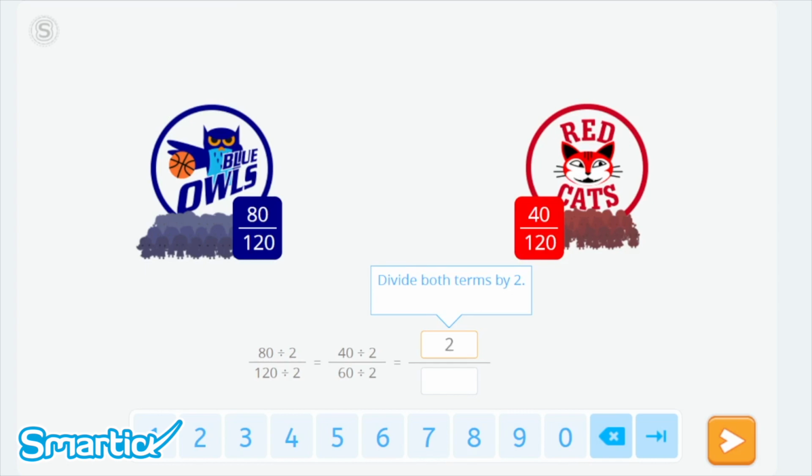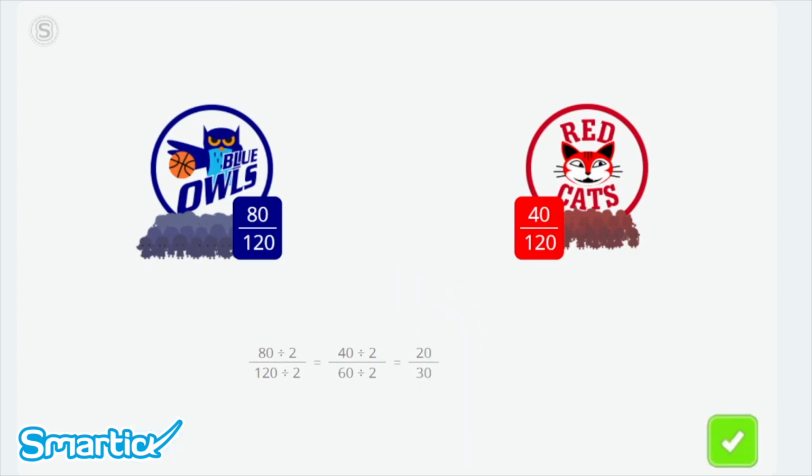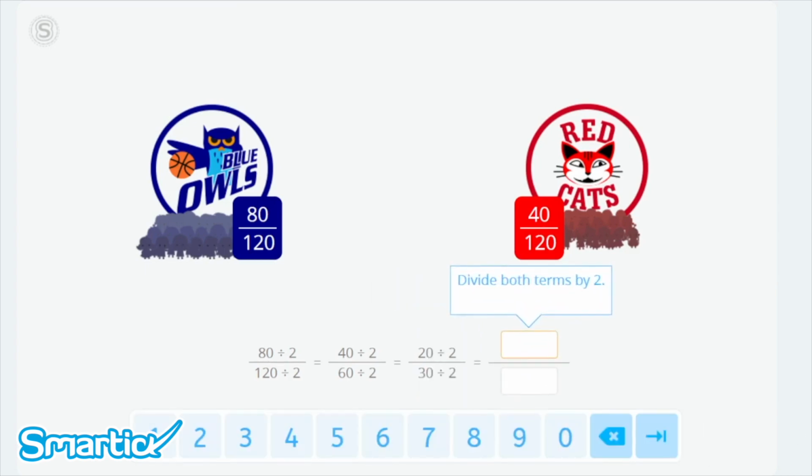Half of 40 is 20. And half of 60 equals 30. Once again, divide both terms by 2. And 20 divided by 2 equals 10. And 30 divided by 2 equals 15.